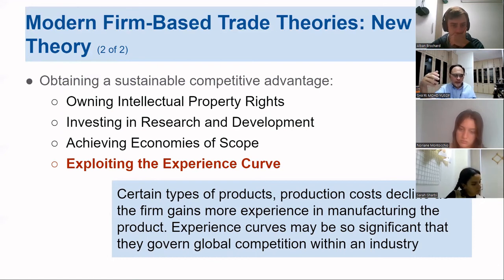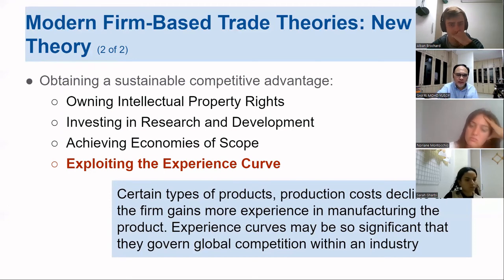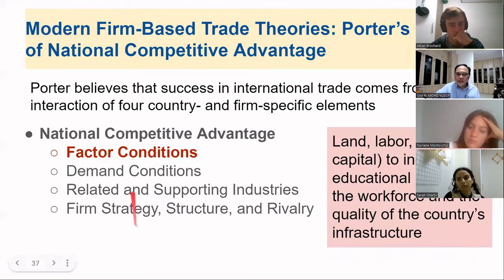Anyway, so this is the new trade theory, and so firms compete, and they need to have these elements for sustainable competitive advantage, right? The other theory, this is the final theory, if I'm not mistaken.